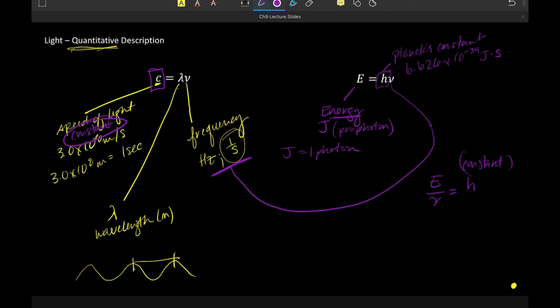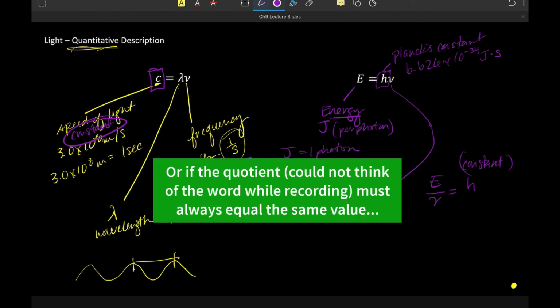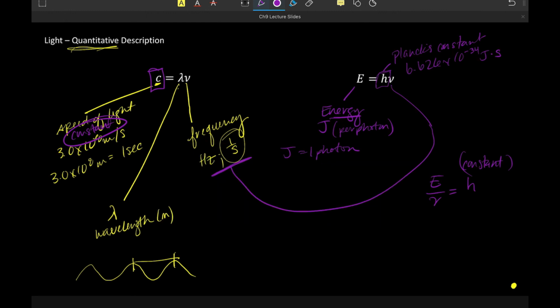So that means E is divided by frequency, which means that if the division of those two things must always equal a constant, if one of those terms gets bigger, the other term must also get bigger, right? So if we're ever trying to analyze the relationship between some variables, it's sometimes helpful to isolate the constant because that allows us to easily tease out relationships. It just makes it easier, okay?